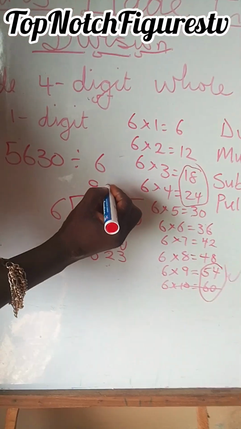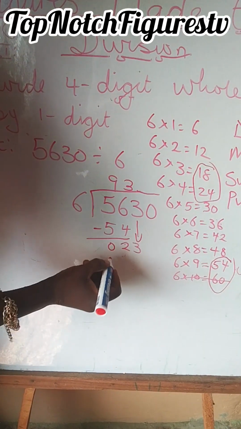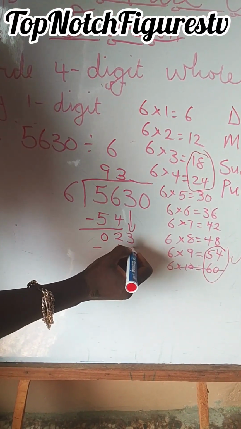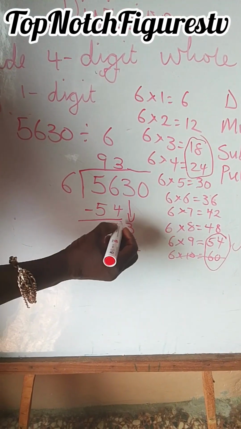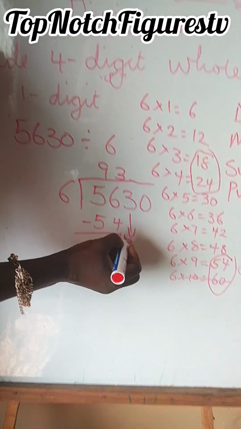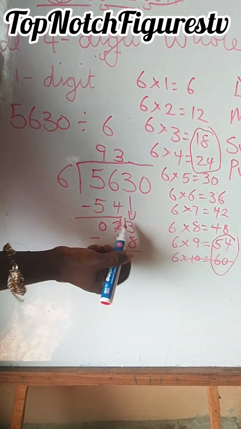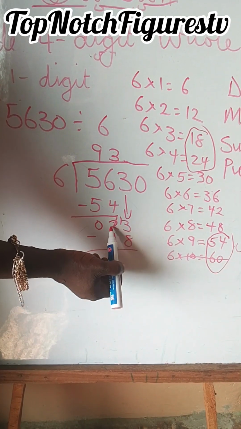So we do 3. 3 times 6 is what? 18. You will subtract 18. 3 minus 8, impossible. So we come to the next door, we borrow. We take a 10. 10 plus 3, that makes it 13. Remember, this is 3 units, 2 tens.